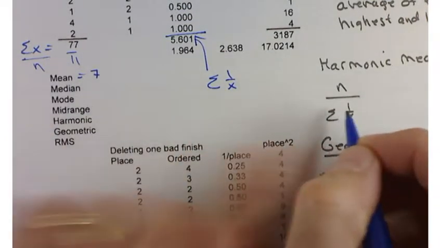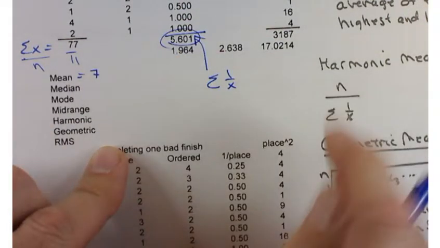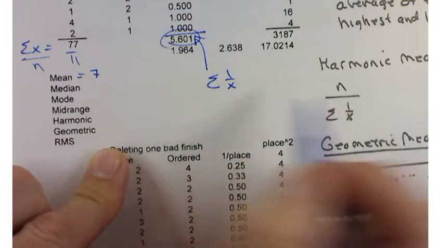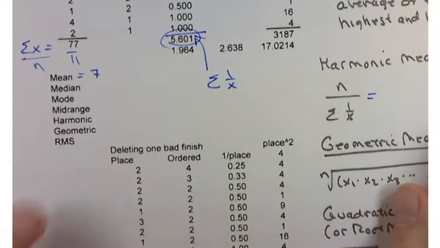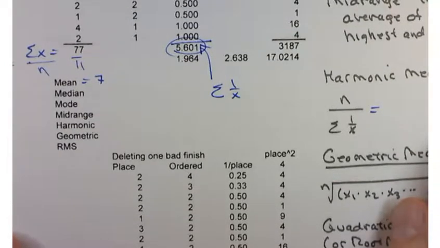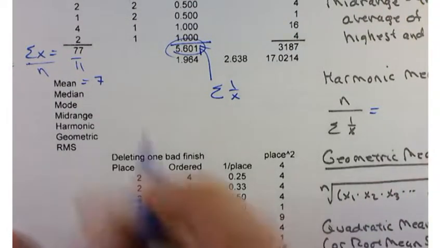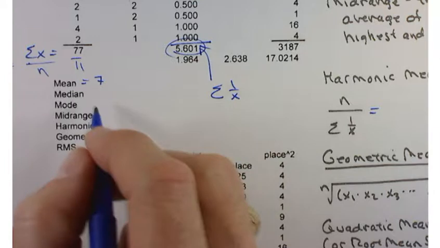Then if you take that sum of 1 over x and divide that into n, that gives you the harmonic mean. And the harmonic mean in this case was 1.964.